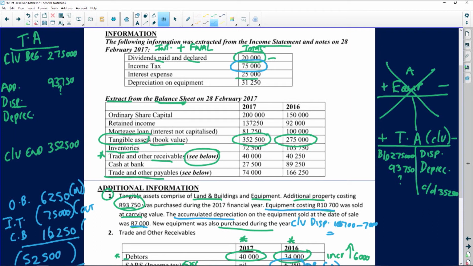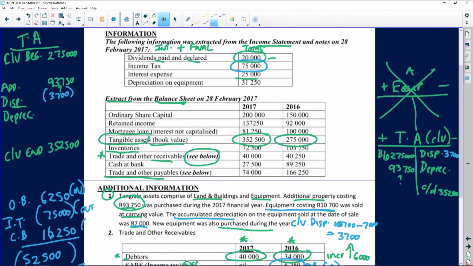So 10,700 minus 7,000, 3,700. So at disposal, right, the carrying value 3,700. Okay, so let me just fill that in brackets 3,700 if I were doing the note. So remember guys, I'm doing the same calculation, but I'm showing it in two different calculations, and you decide which one you prefer.